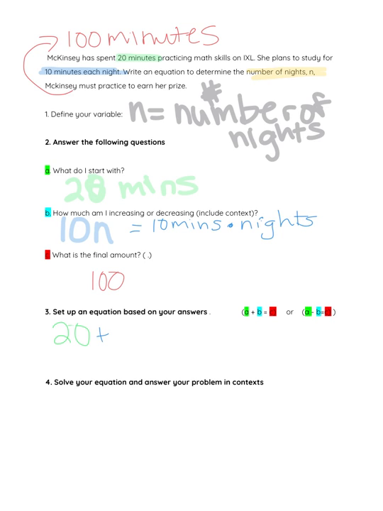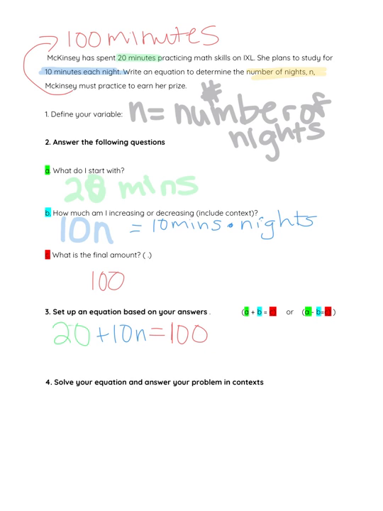And it's an increase, so we're going to put plus 10N. And then last, this is equal to C, which is my total amount, which she is trying to get to, that 100 minutes. I forgot to put that in the equation, but we know it now. What does she need to get that prize? 100 minutes. That's why the 100 is there as the final.